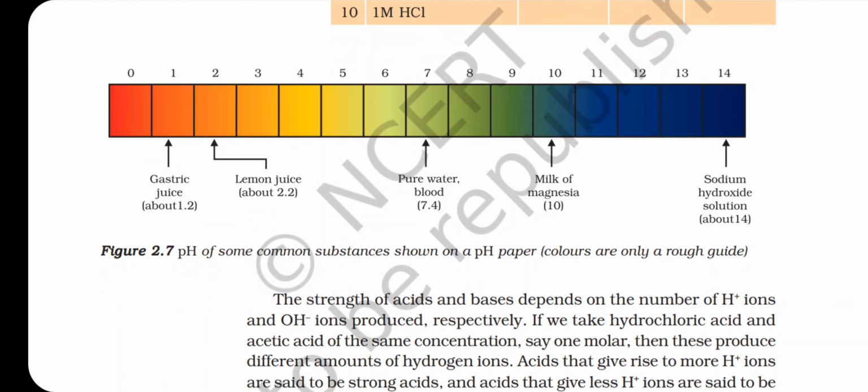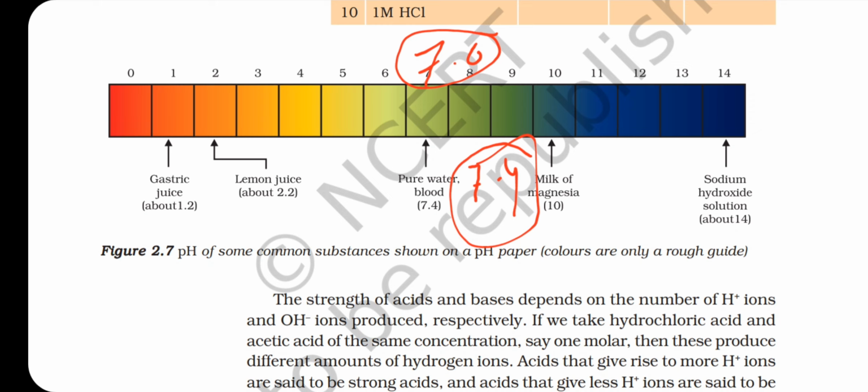Here are given the different pH values of different substances. Pure blood has a pH value of 7.4, and pure water has a pH value of 7.0.